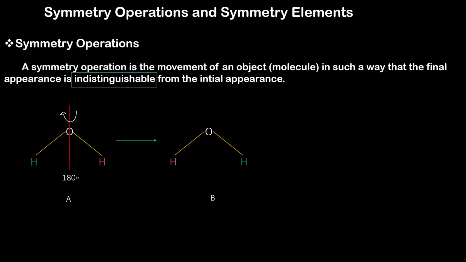Here we can see that the original orientation A and B, obtained after 180 degree rotation, are different or distinguishable because we have colored them.